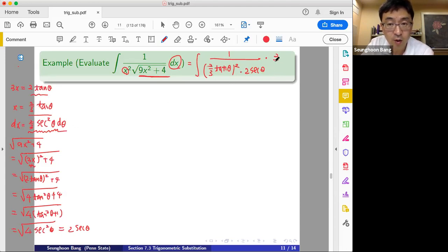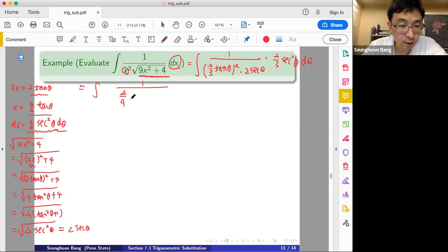So we have 2/3 secant squared of theta d theta. Next, to simplify here, in the integral, 1 over (2/3) squared is 4/9 times tangent squared theta.